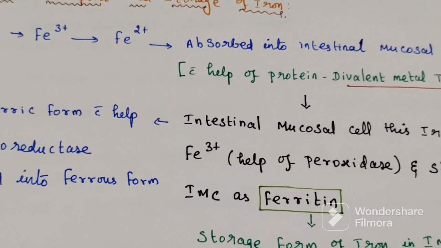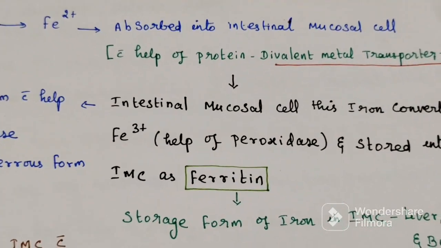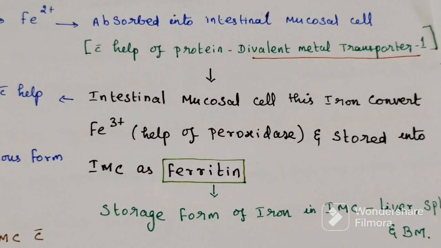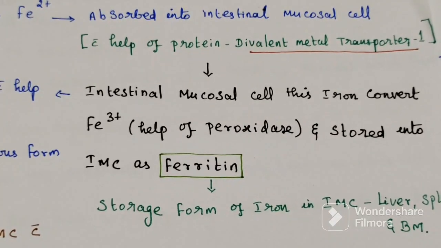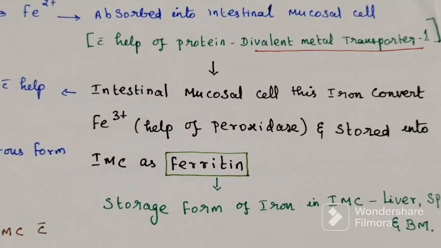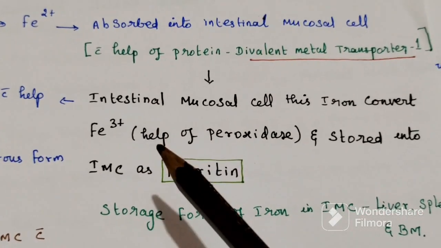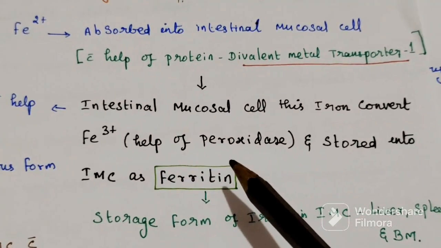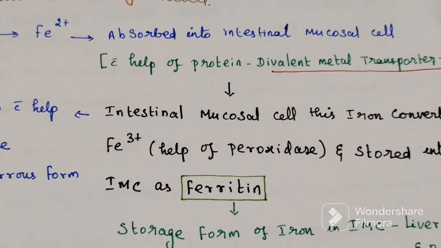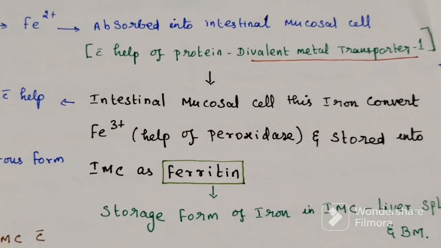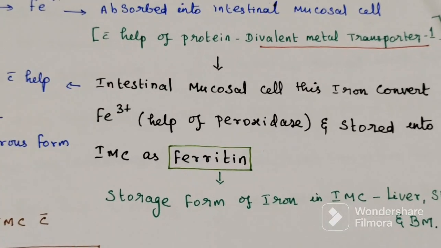With the help of this protein, iron gets absorbed into the intestinal mucosal cell. In this cell, iron is converted into the ferric form with the help of the enzyme peroxidase, and it gets stored as ferritin.